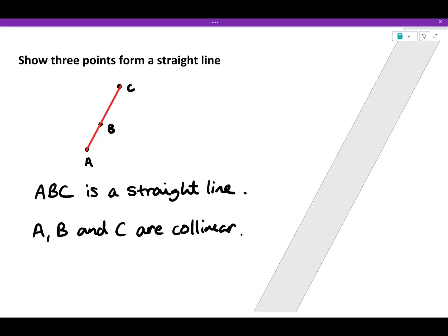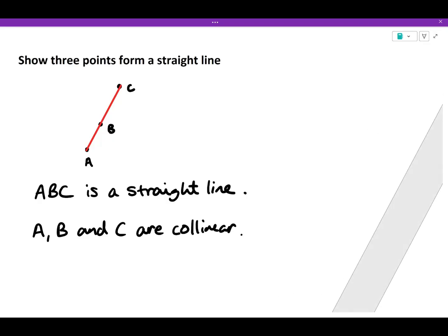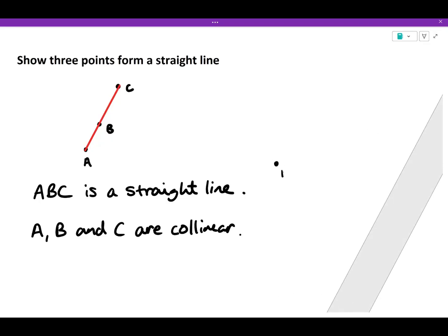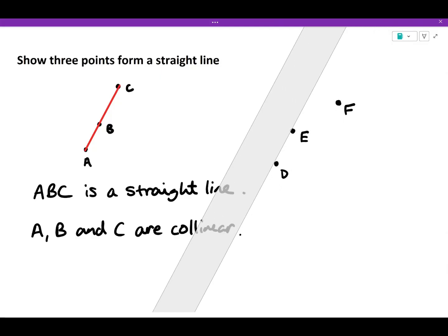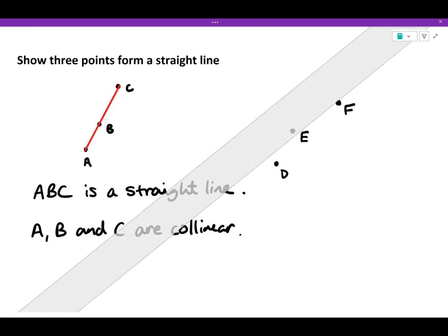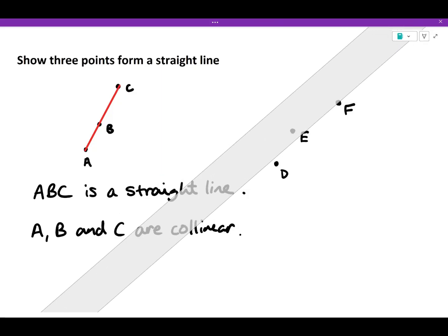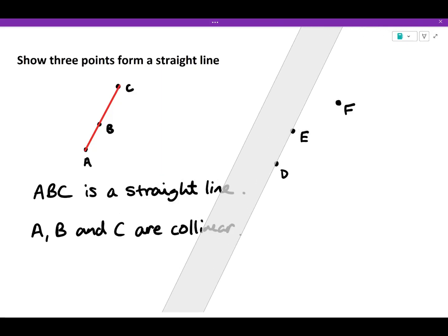Now let's take a set of 3 different points. So I'm going to call this point here D. Then we'll call this point here E. And then this point over here, we'll call it F. Now if I got my ruler this time and try to join up all 3 of these points with a single straight line, I will not be able to do it. I cannot get my ruler going through all 3 points at the same angle. Okay, what I could do is join up D and E like this.